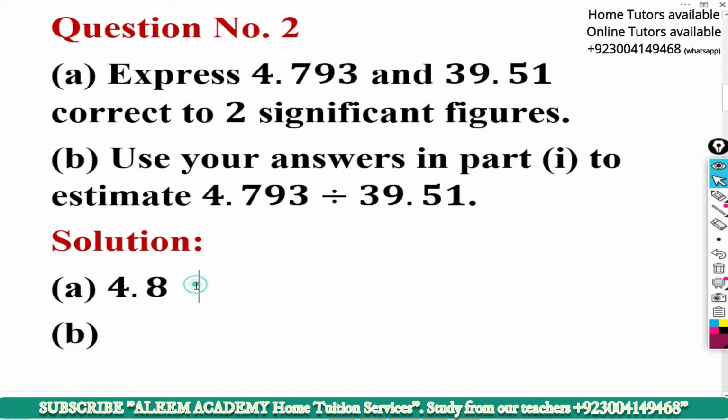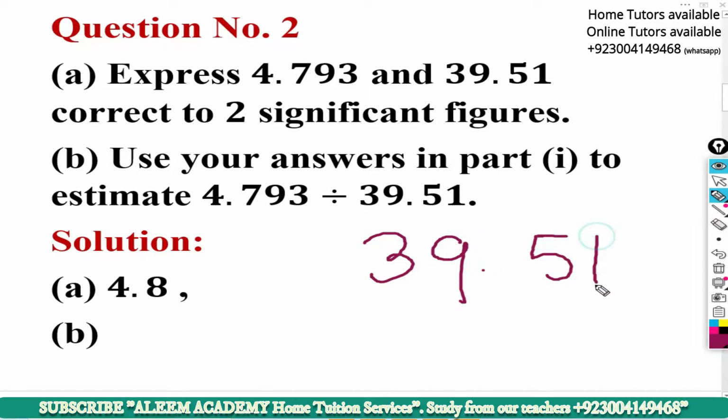And let's do the second part also from the A part. The second number, we can write a comma here. The next number is basically 39.51. So we have to express this to two significant figures, which means the first number and the second number.